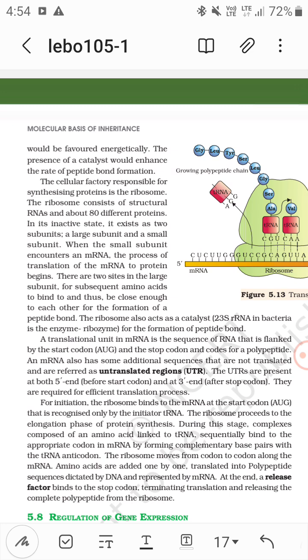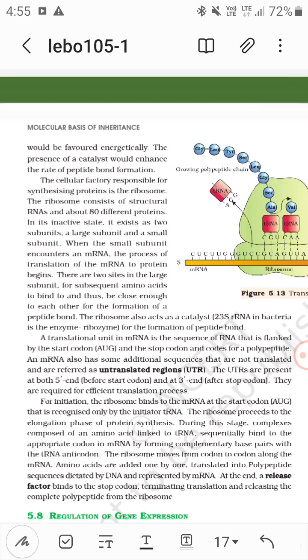Ribosome consists of structural RNAs and about 80 different proteins. In its inactive state, it exists as two subunits, a large subunit and a small subunit. When the small subunit encounters an mRNA, the process of translation of mRNA to protein begins. There are two sites in the large subunit for subsequent amino acids to bind to and thus be close enough to each other for the formation of a peptide bond.